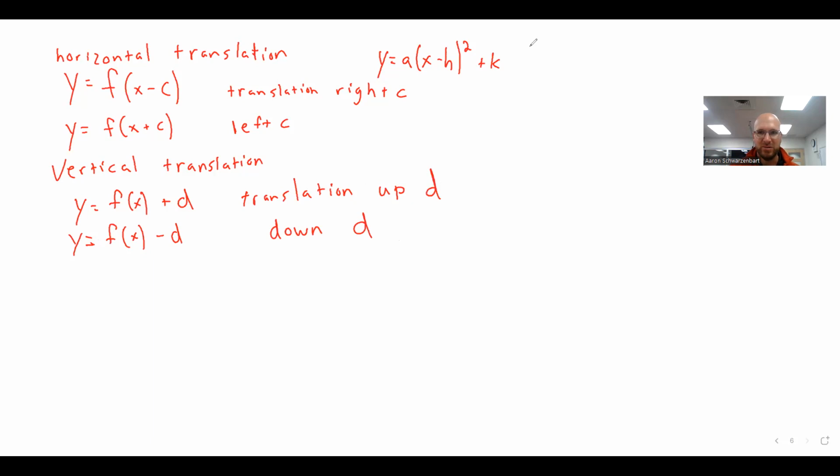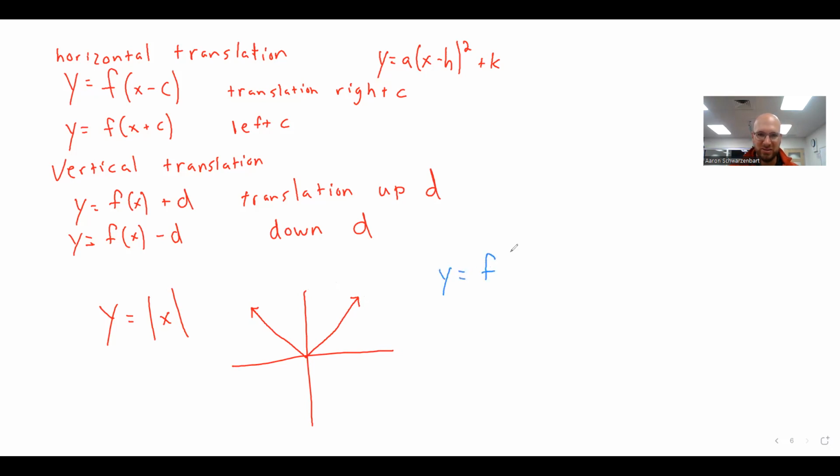So here's an example. My original function is y equals the absolute value of x. Its graph looks like this V. You can verify that with your graphing calculator if you need to. I'll show you how to do absolute values in a second on the graphing calculator, but you probably should know how to do this translation anyways.